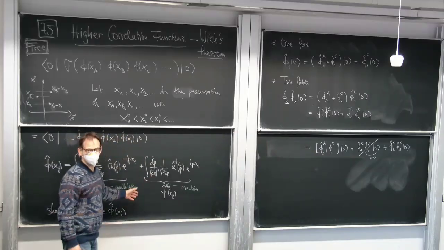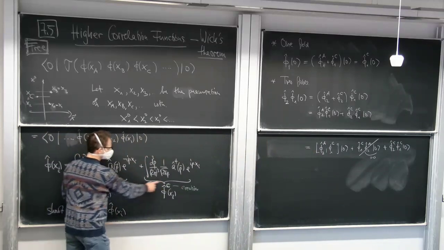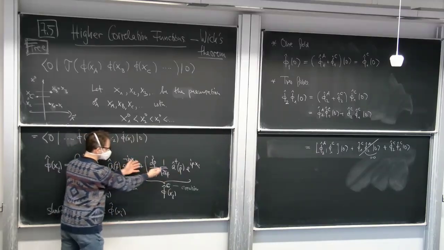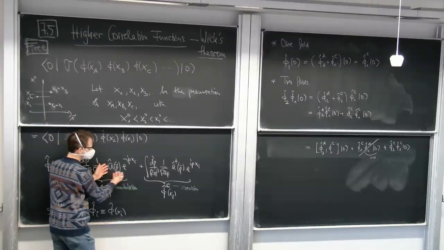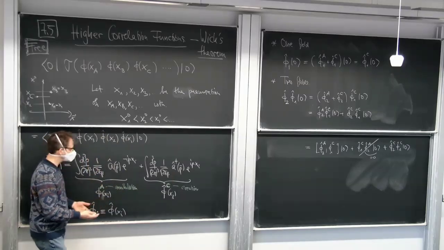That's easy enough, right? You'd be able to commute A with the A dagger. You have to have a different integration index. So this is P and this is Q, say. And then you use the commutator of A with A dagger. This is identity, and so you found.